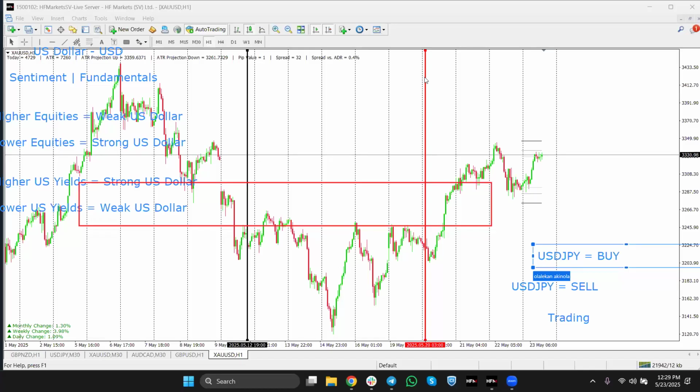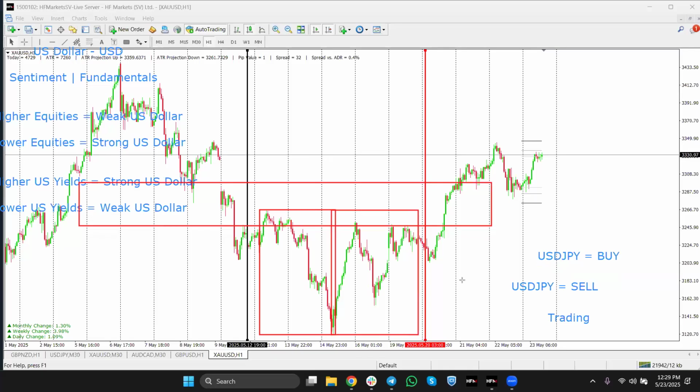In fact, gold was up and down. Gold was down for the first few days, eventually recovered it for the next few days, which is what we call a range. So gold did not have that inverse relationship with the dollar within that period.